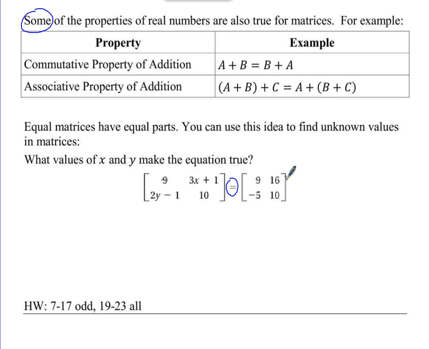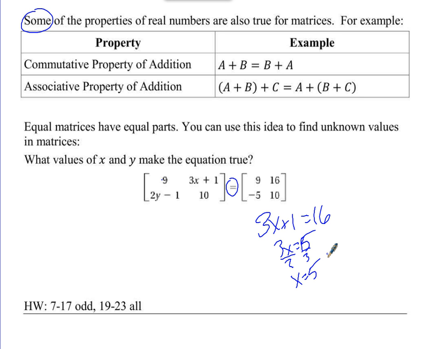Well, this element must be the same as this element if these two matrices are going to be equal. So I can write 3x plus 1 equals 16. Subtract 1 from both sides, 3x equals 15, and then divide both sides by 3, x equals 5. So now you can solve for x using equal matrices.